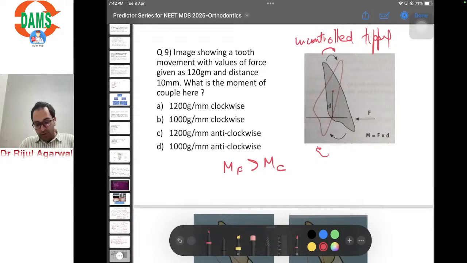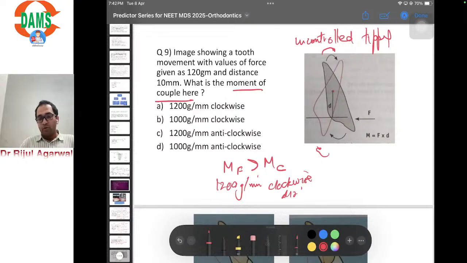So here, what is MF? MF is movement of the force applied. So MF is calculated as force into distance. So it is 1200, MF is 1200 gram per mm in the clockwise direction. Now the question here is about movement of couple. So for uncontrolled tipping to occur, the MC, as I've told you, should be less than MF, and that too in opposite direction.